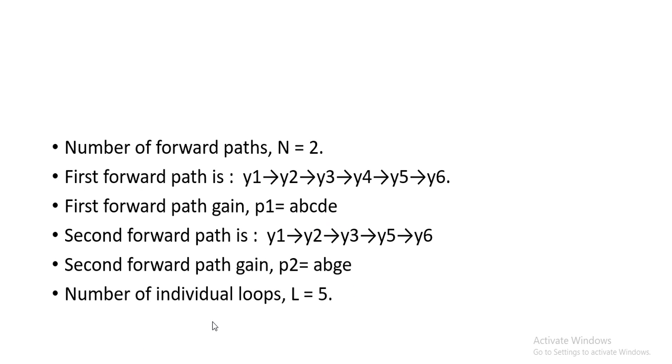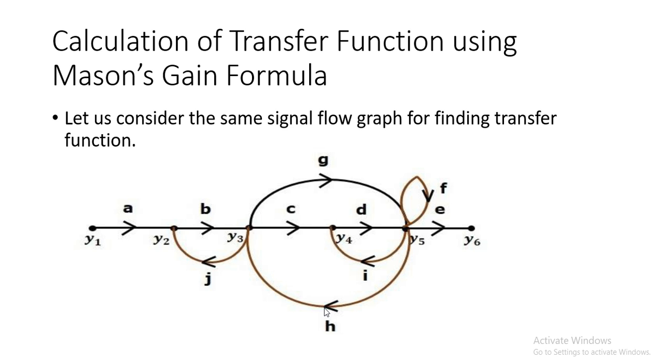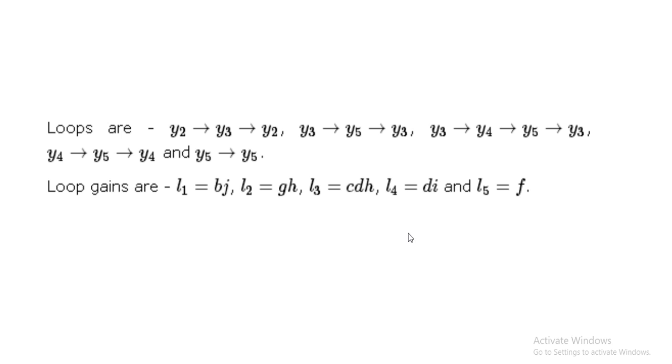So the number of individual loops is 5. So there are 5 loops. This is the first loop, then we can say this is the second loop, then this is the third loop, then this one is the fourth loop and the fifth loop is this one. Okay, so that we have seen. So these are the loops: y2, y3, y2; y3, y5, y3; y3, y4, y5, y3; y4, y5, y4; and y5, y6.